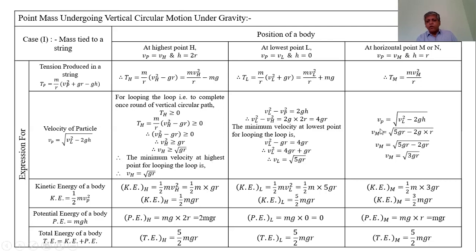Similarly, the velocity at the horizontal positions, Vp, can be found out by using this equation. So Vp square is equal to VL square minus 2 times gh, but instead of P points, we write the horizontal positions. Substitute the value of VL as square root of 5 gr. Vm is equal to square root of 5 times gr minus 2 times g into h.